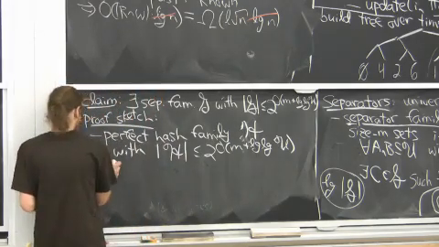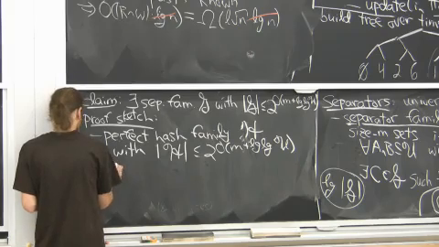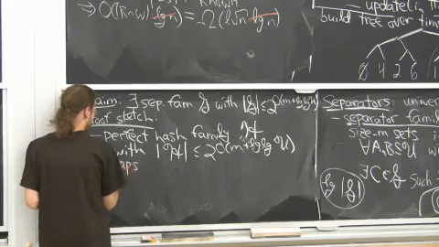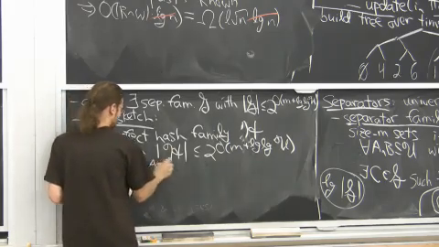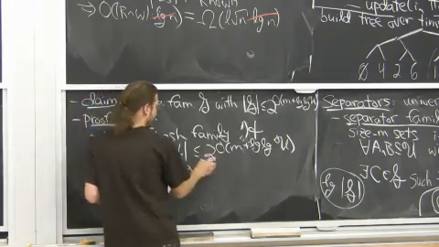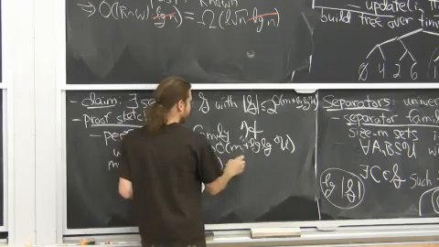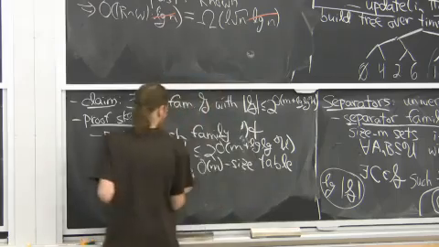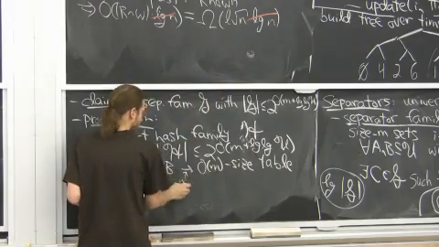Okay, so this maps, let's say, A union B to an order m size table. And here there are no collisions.